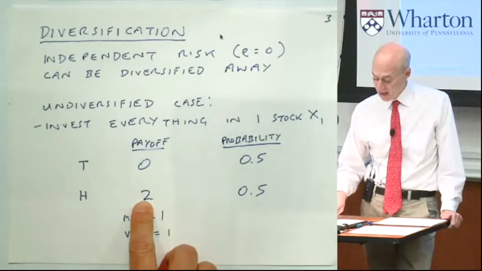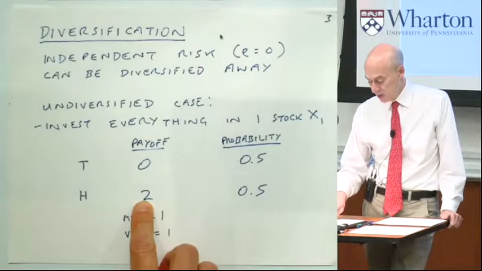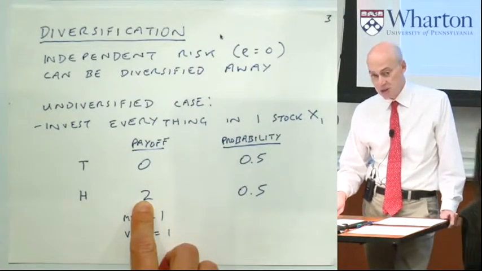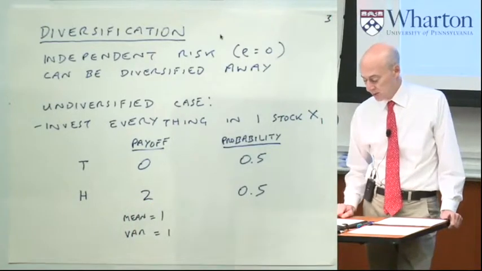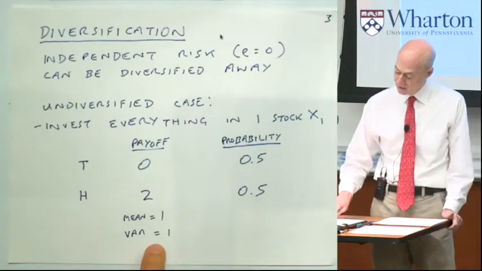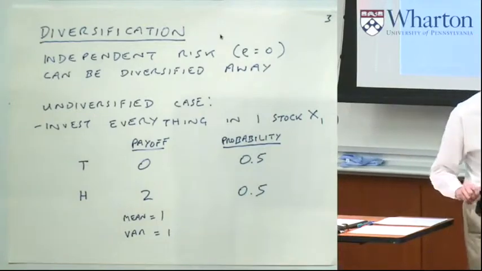We do the same for the next state. That's 2 minus 1, which is 1, for the deviation. We square it, we get 1. We multiply by the probability, we get a half. Half plus a half is 1. So that's what happens if we've got one stock.